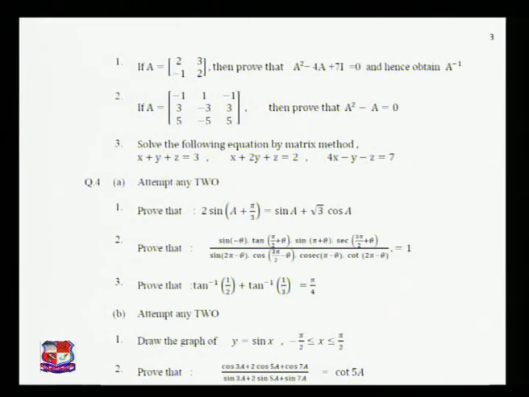So first of all I will find the value of A square, then I will prove that A square minus A is equal to 0.